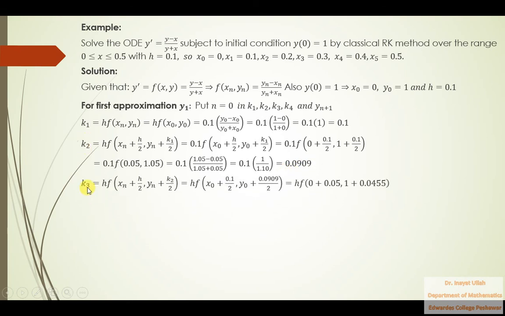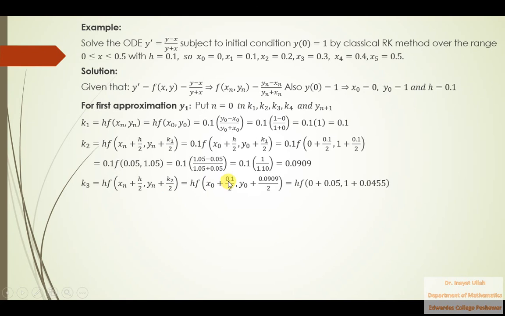Now k3, the formula is h times function of xn plus h by 2 comma yn plus k2 by 2. But we need to put n equal to 0 for the first approximation. So that will become x naught plus h by 2, y naught plus k2 by 2.